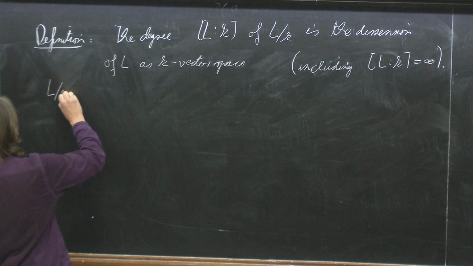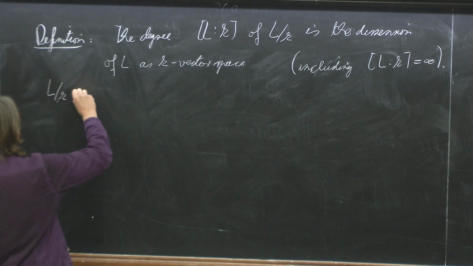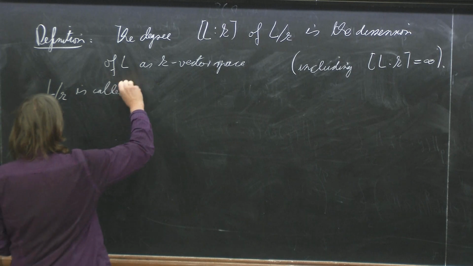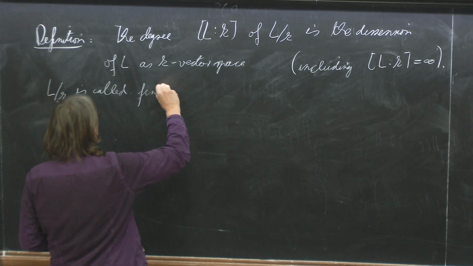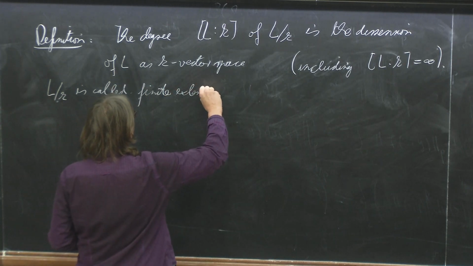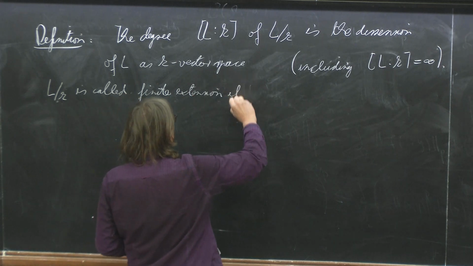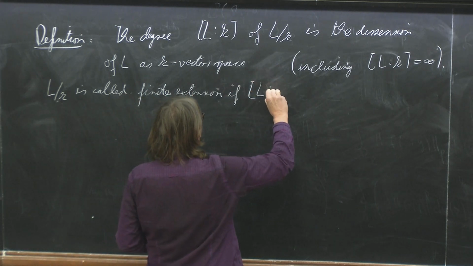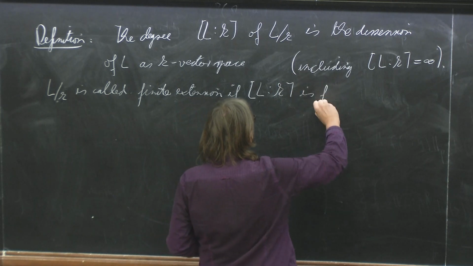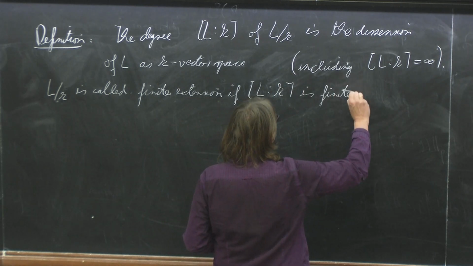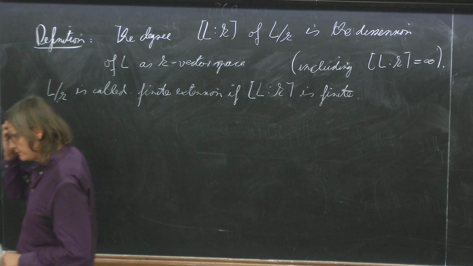So L over K is called a finite extension if [L:K] is finite. Okay, so this is this definition.